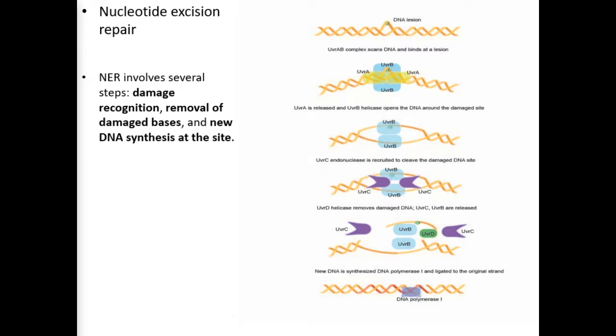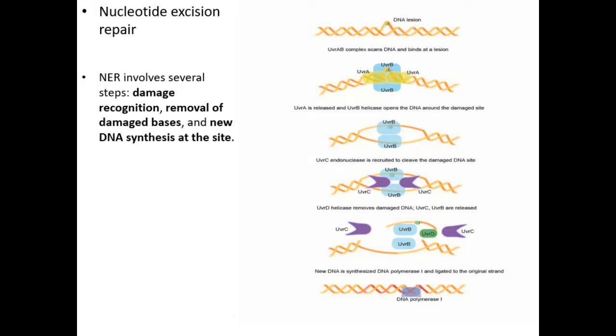Good. And then the next one, excision repair, is called nucleotide excision repair. The nucleotide excision repair is basically common for DNA lesions caused by UV radiation, oxidative chemicals, reactive oxygen species, cross-linking agents, and intercalating drugs.